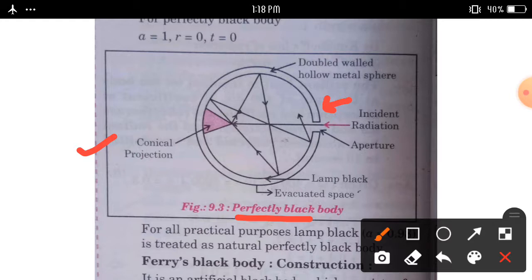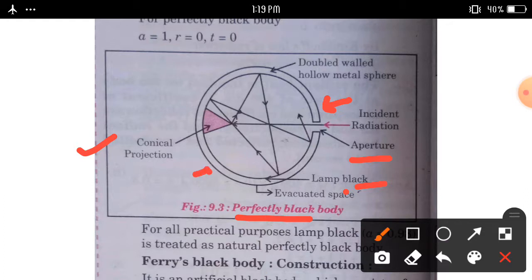Here is a small aperture given, and the inner surface of the sphere is coated with lamp black, and the outer surface is polished.